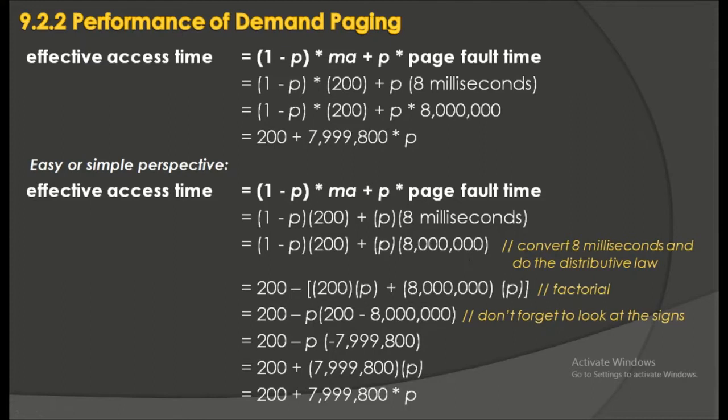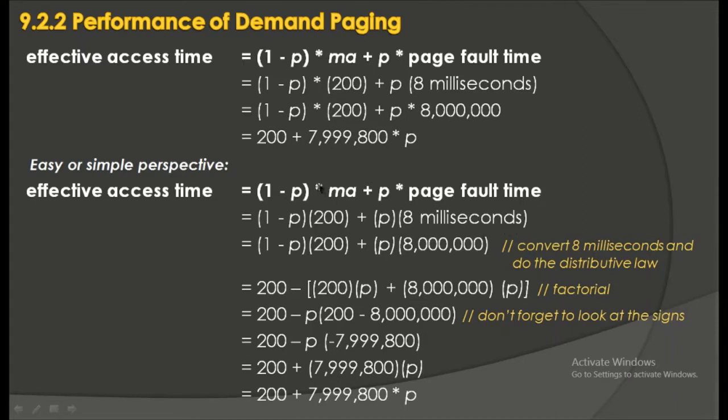Then we get negative 7,999,800, where we could also distribute the negative p and the negative 7,999,800.